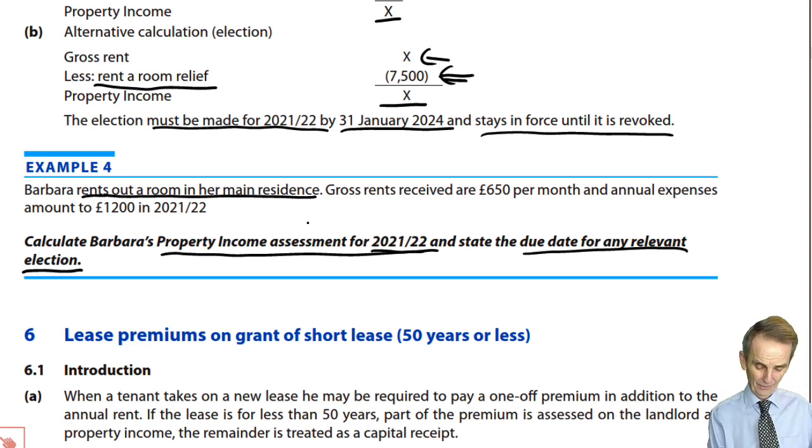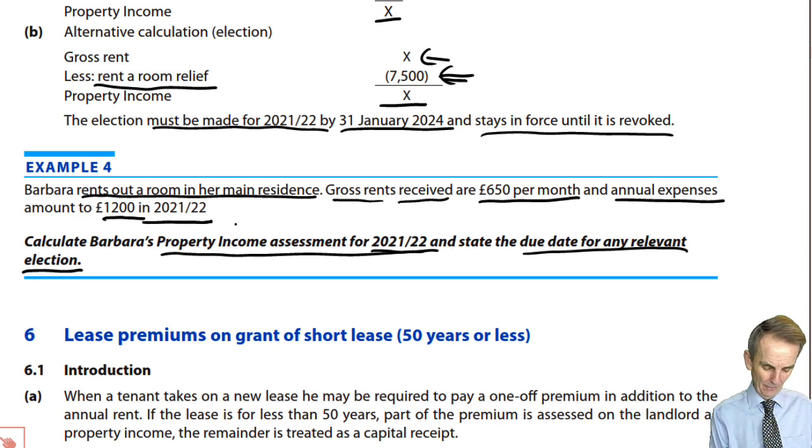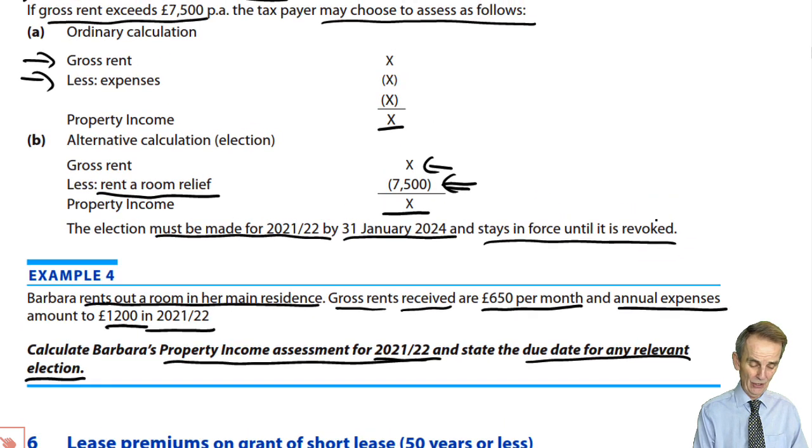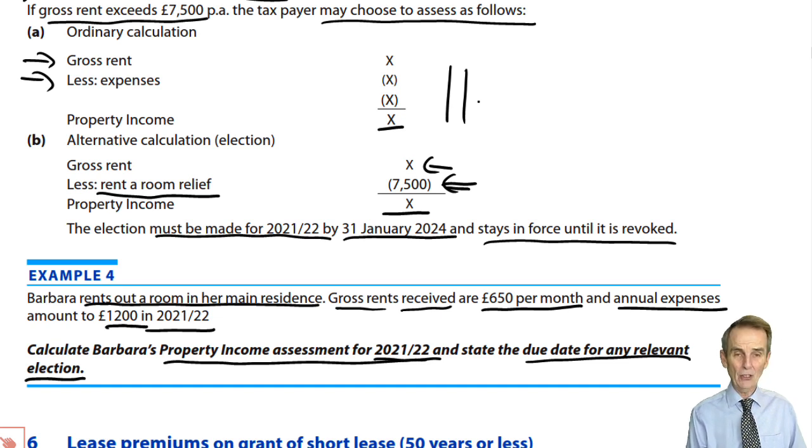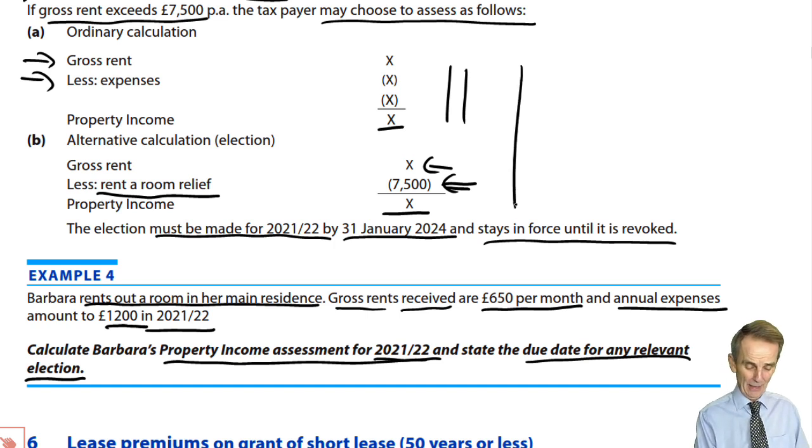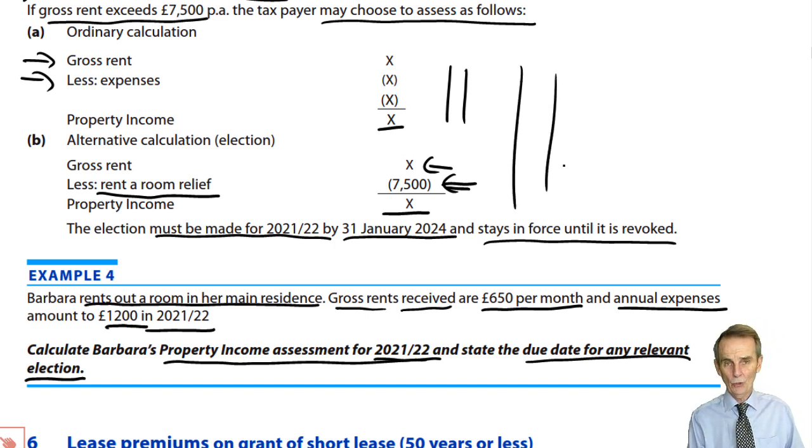Gross rents received, we're still working on the cash basis, it's received £650 per month, and annual expenses amount to £1,200 that were paid in the 21-22 tax year. So you've got the two ways of dealing with it here, the normal treatment, and you've then got the rent-a-room relief treatment. So over to you, therefore, have a little go at that. You can see the basis for it here, and we'll go through the answer together in a few minutes time once you've had a chance to look through that.